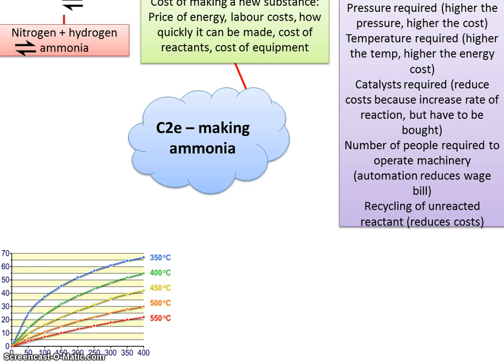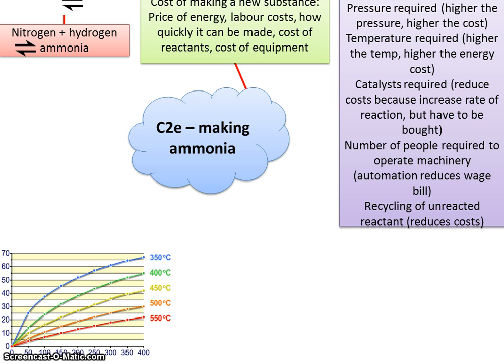The temperature, in order to gain as much yield, and that's the amount of ammonia that you make, needs to be around 450 degrees. You must remember that number. So you've got a high pressure of 200 atmospheres, a temperature of 450 degrees.